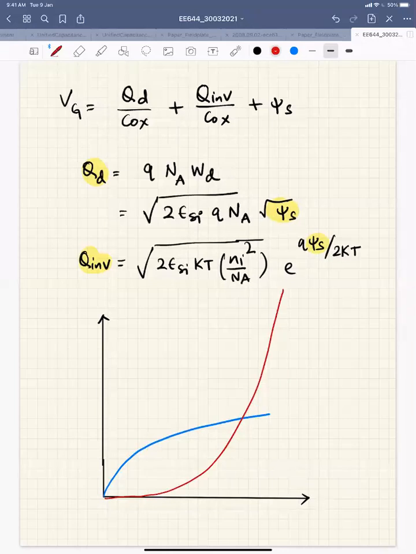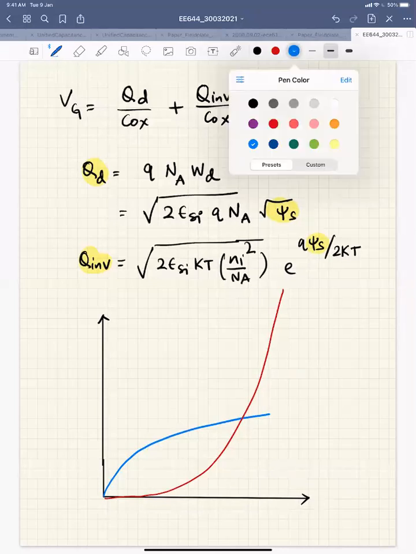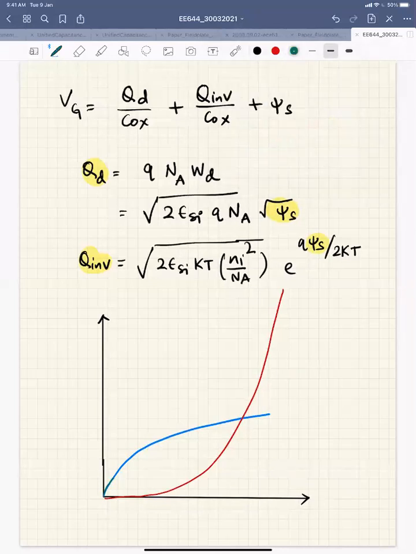So your total charge will look somewhat like this, right? What I'm plotting here is Qsi versus psi s, right?